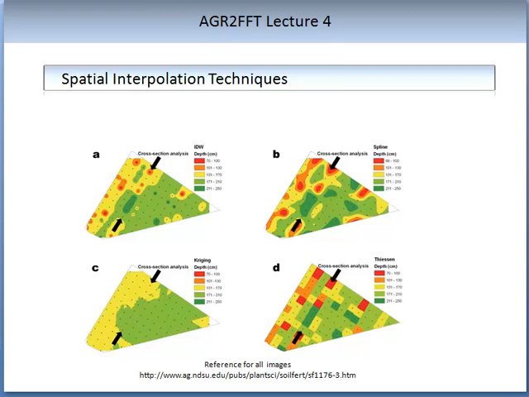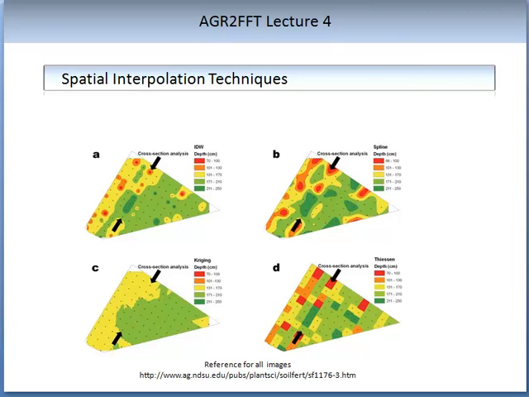As you can see, just having a snapshot of these images, each one of these shows you slightly different yield maps. Therefore, you may take home different messages, and you may conduct different management techniques depending on which one you had the information for.